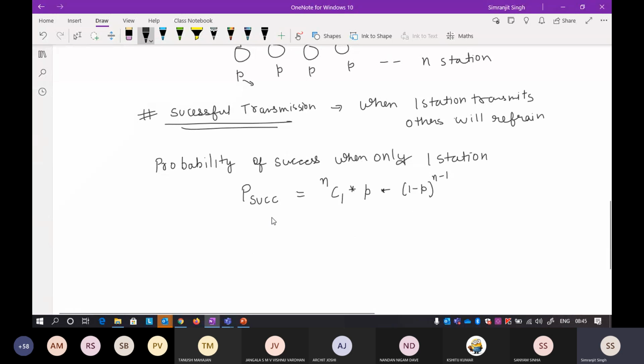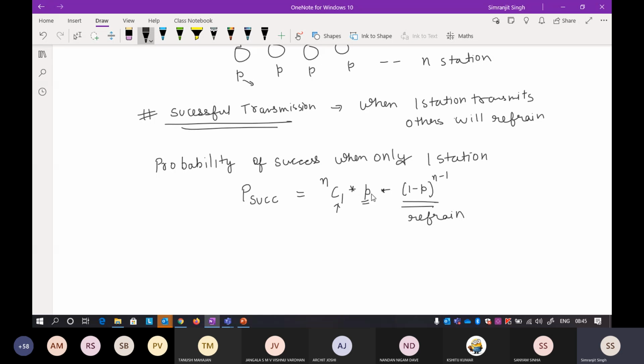I'll just use a simple term. Out of n stations, one station will send the data with probability P, and the others will refrain with the complementary probability.